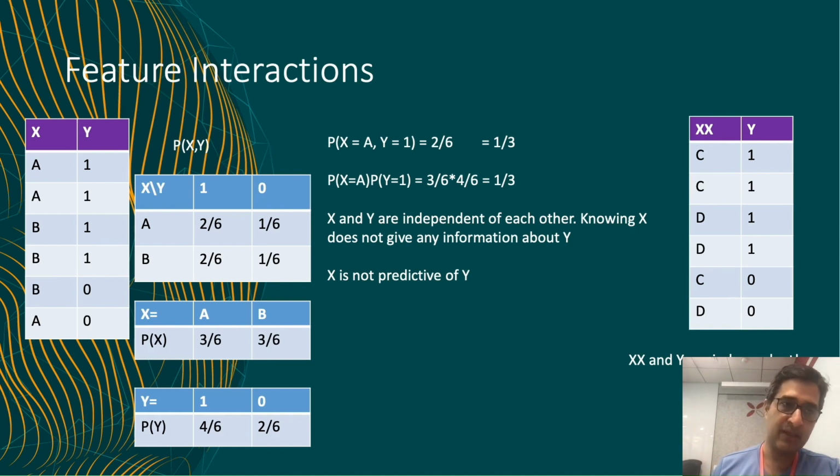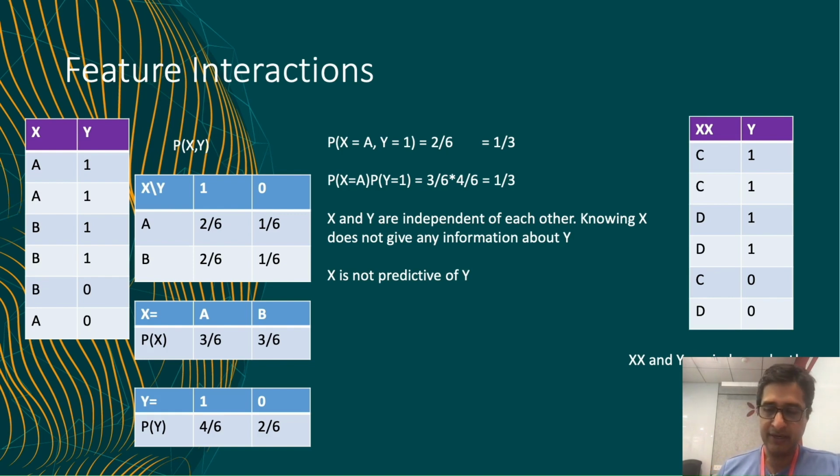Take the variable x: by itself, it is independent of y, and you can compute that by carrying out the exact computation of the mutual information. Similarly, you could prove that the variable double x is completely independent of y.